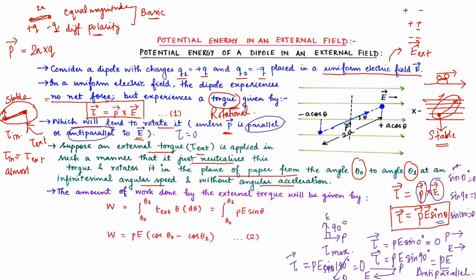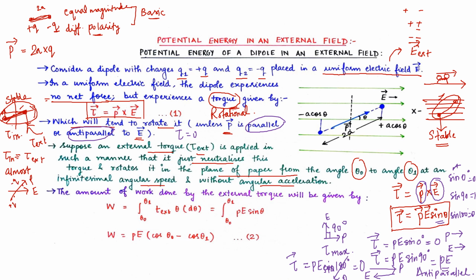Tau external has a magnitude that just neutralizes the effect of internal torque and helps this dipole to move. This is E, this is P, this is our dipole, plus Q, minus Q, right?